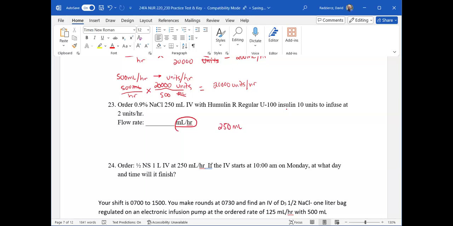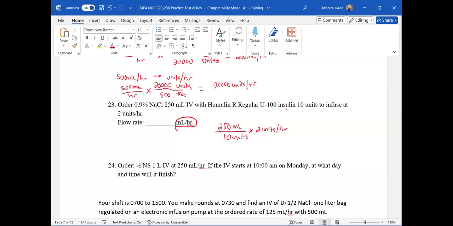Okay. And then I would divide by your 10 units. Let's just double check here before I make a mistake. Oh yeah. Divide by your 10 units and then multiply by your 2 units per hour.